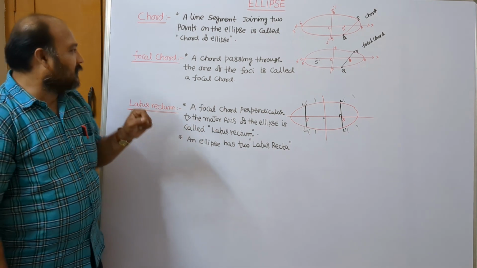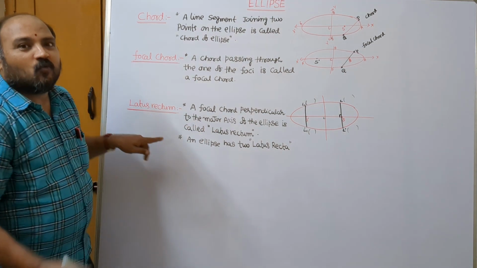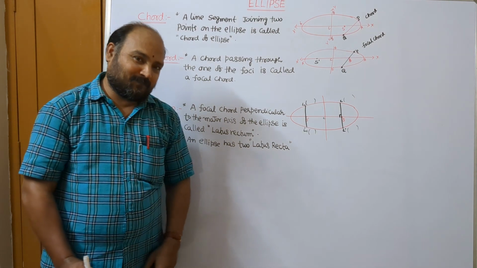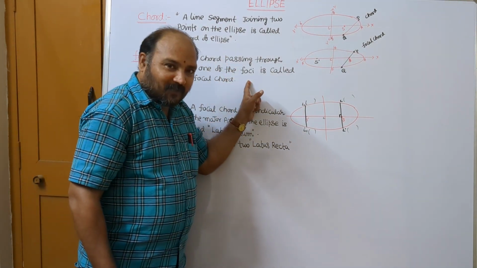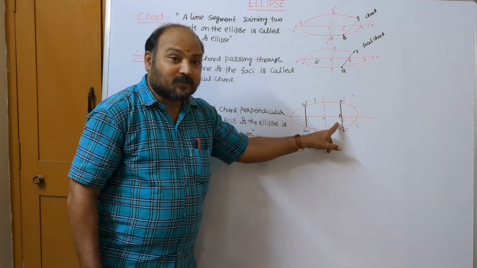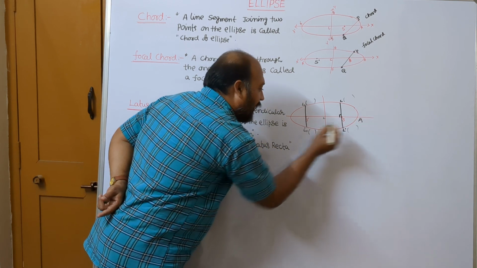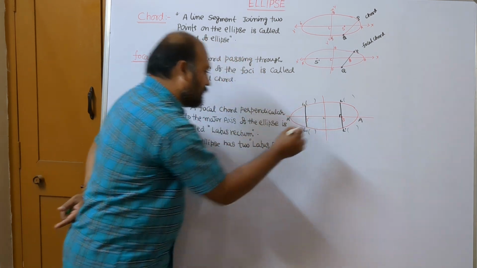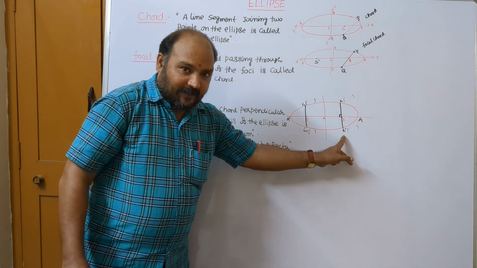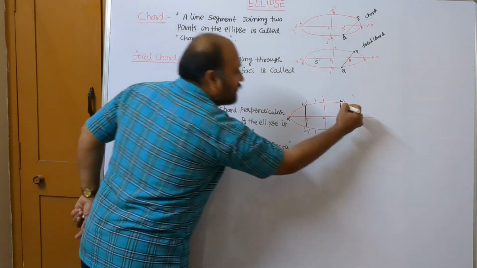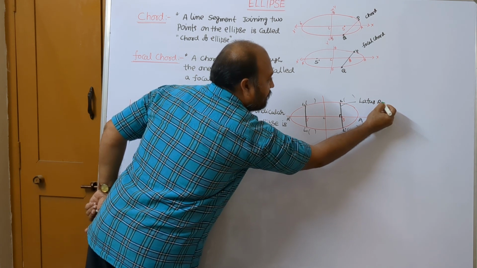After that, Latus rectum. What is the meaning of Latus rectum? The focal chord perpendicular to the major axis. What is the major axis in this? A dash is called major axis. L dash is Latus rectum.